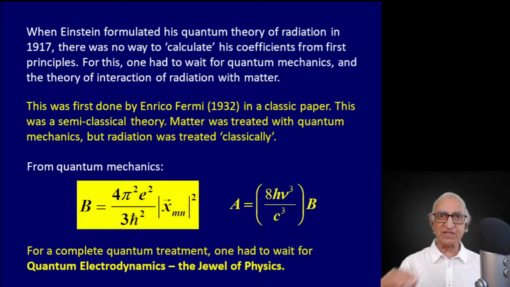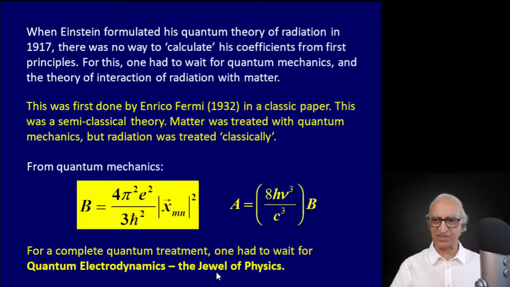Now, for a complete treatment where both matter and radiation are treated quantum mechanically, one had to wait till around 1948 or so, when the quantum theory of radiation was formulated by Feynman, Tomonaga, and Schwinger, for which they were awarded the Nobel Prize. This is, of course, the theory of quantum electrodynamics, the most successful theory in quantum physics, often referred to as the jewel of physics.